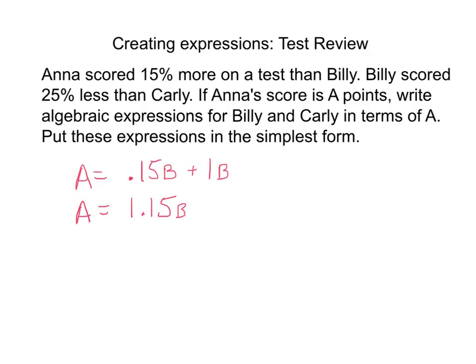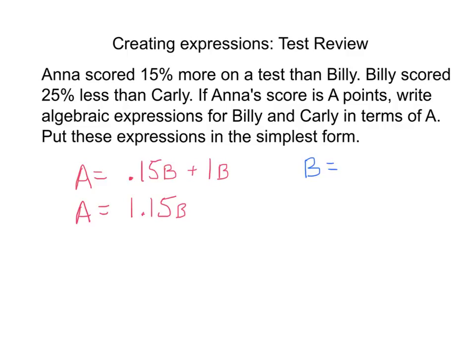The second part says that Billy scored 25% less than Carly. So he actually had 25% less than Carly's score. So Billy scored, and how am I going to write 25% less than Carly? 0.25C.